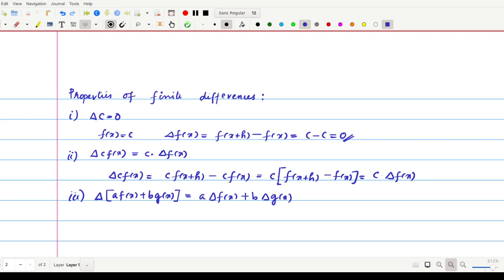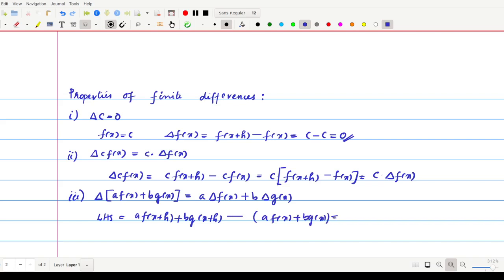This is because if we start with the LHS, then the LHS can be written as a f of x plus h plus b g of x plus h, so this is the step forward with h, then minus of a f of x plus b g of x.